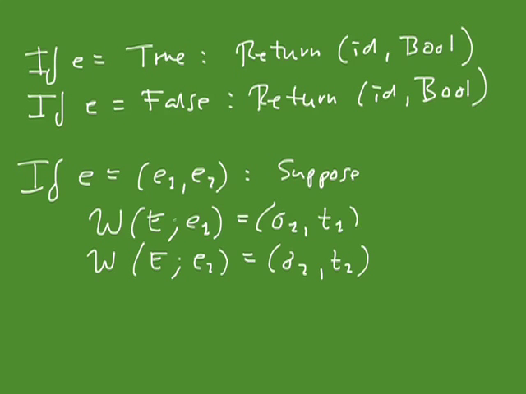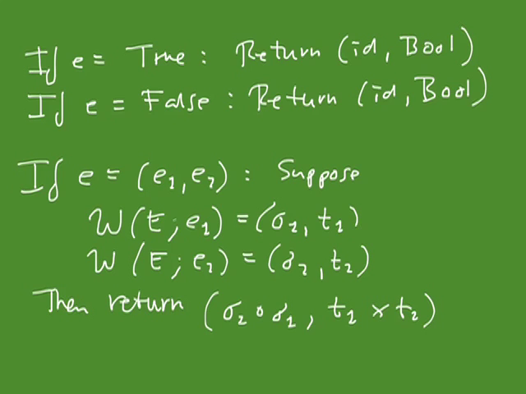Then we return, well, what do we return? Well, we return the composite substitution sigma 2 composed with sigma 1. And the type is T1 times T2, and otherwise, if these do not succeed, we fail.